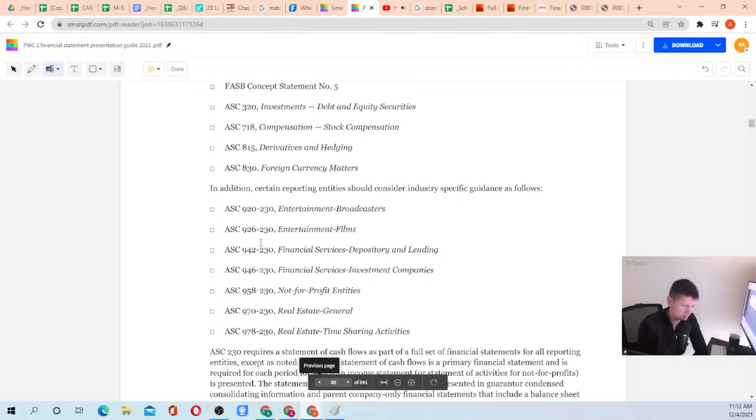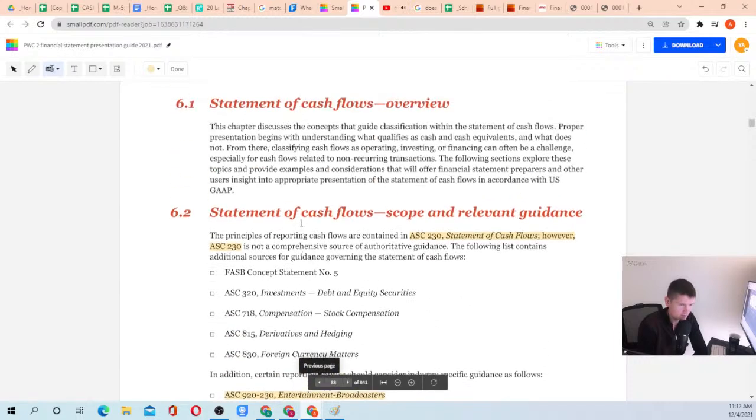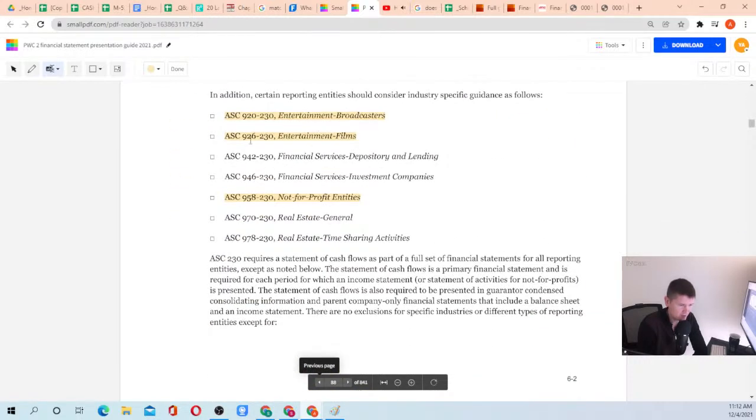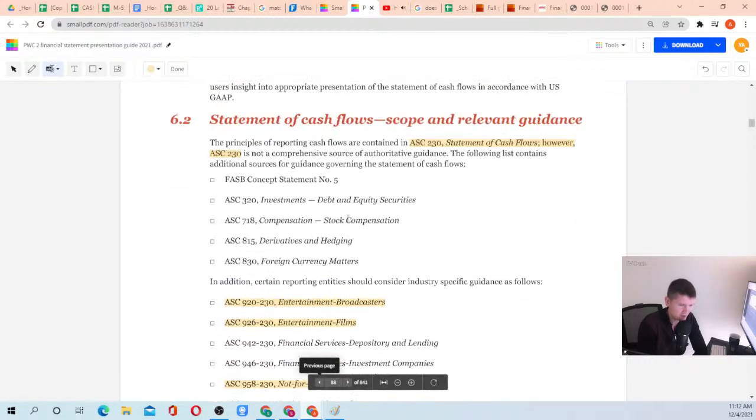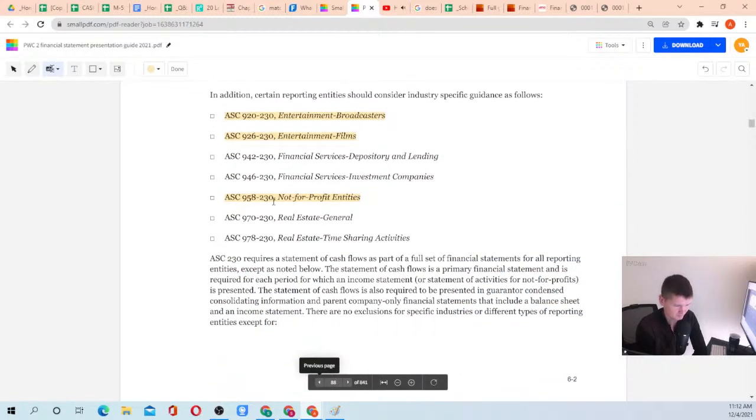For example, if you are in the entertainment industry and you prepare a cash flow, you go to that guidance first, and then you see there is something about the entertainment industry which I need to look at. Or if you are a non-profit, or real estate. Sometimes your situation might have additional complications. Most of the time you go to that guidance and you can use it to prepare the cash flow.